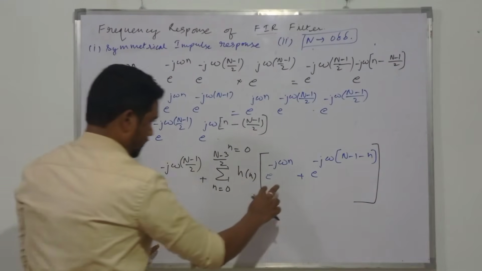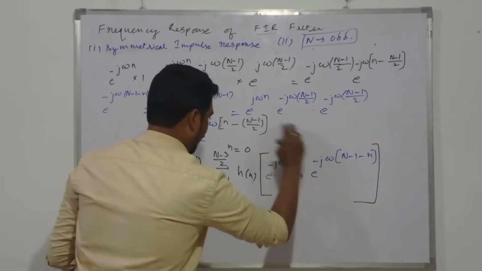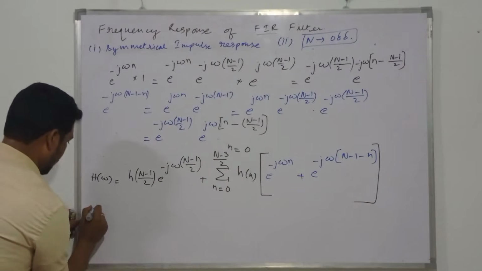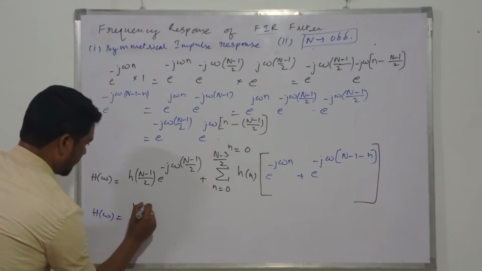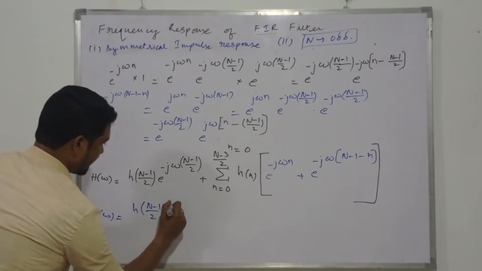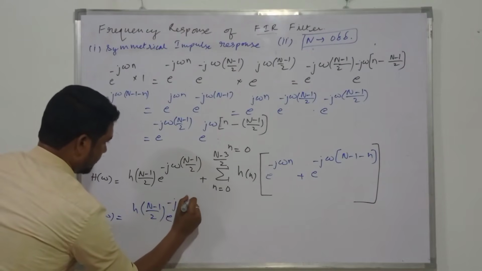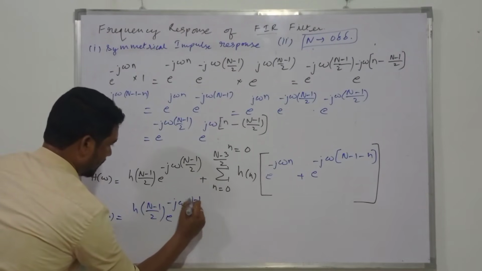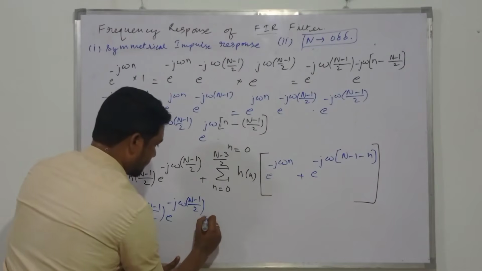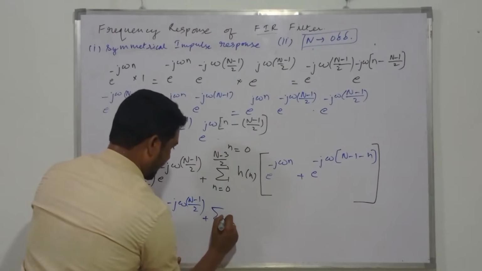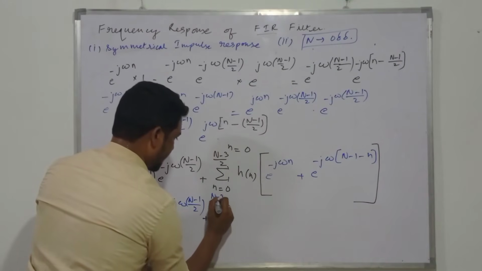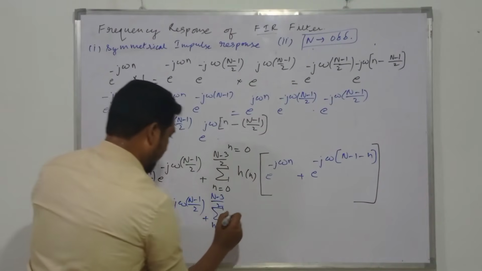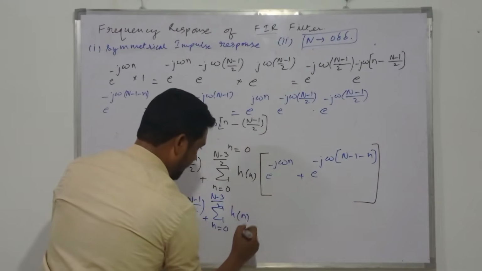Okay, so this could be plugged in with something else, and this could be plugged in with something else over here. So H of omega, that will be h of (n minus 1) whole by 2 e raised to minus j omega (n minus 1) whole by 2 plus the summation running from n equal to 0 to (n minus 3) by 2, h of n is also the same from the previous expression.